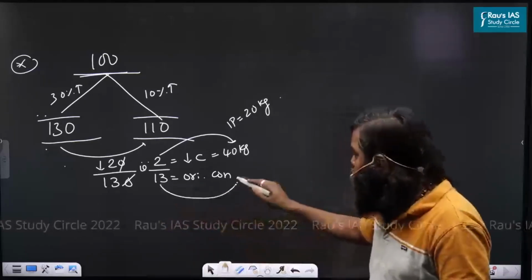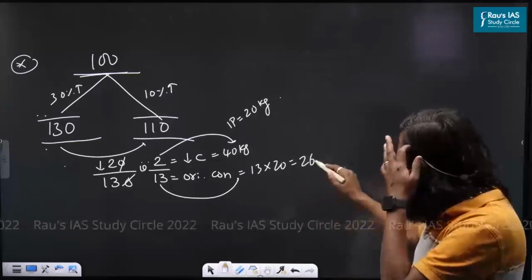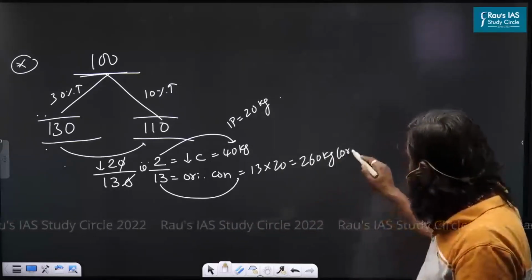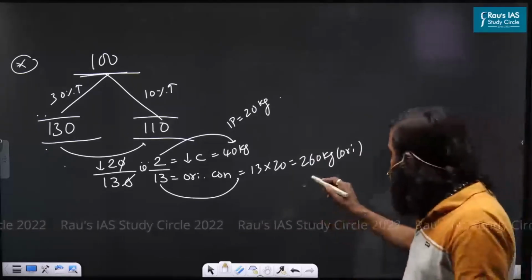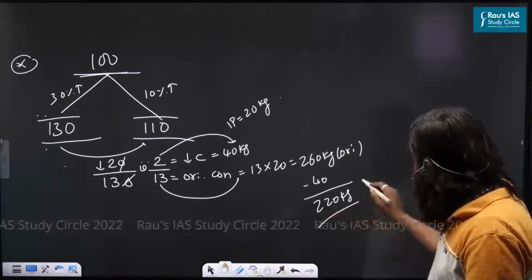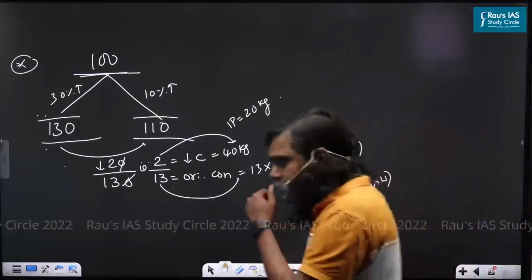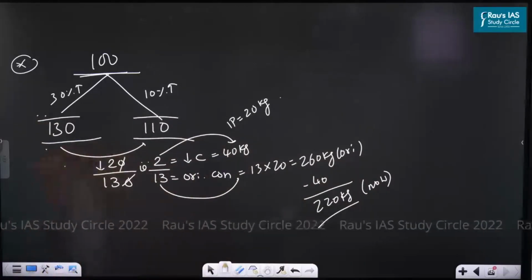Original consumption is 13 units. 13 into 20, 260 kg is the original consumption. You are purchasing 40 kg less now, so the new consumption is 220 kg. Are you understood this? Yes, sir. Anybody doubt?